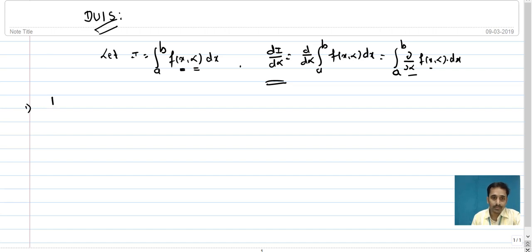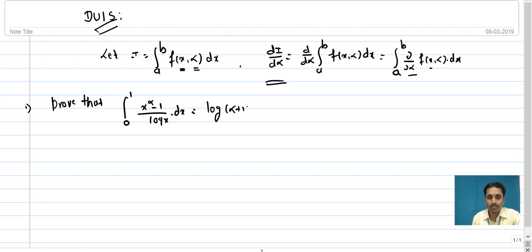Prove that the integral from 0 to 1 of x raised to alpha minus 1 upon log x dx is equal to log of alpha plus 1, where alpha is greater than 0. Now how to solve this integral? Using DUIS we will see.